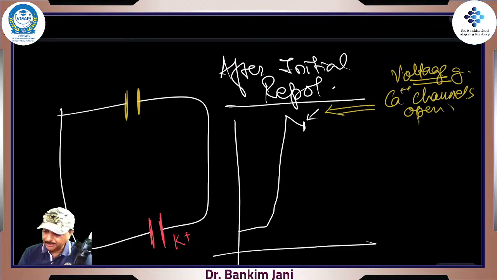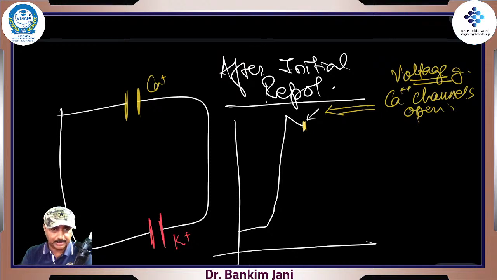So this is potassium and this is calcium, and what we are watching is after repolarization, precisely at this point. And this is completely different from what we saw till this point.